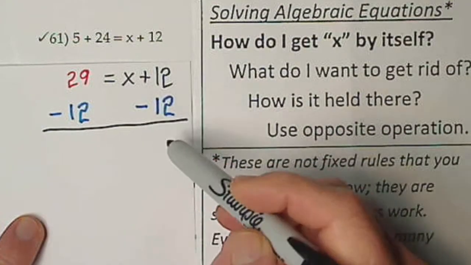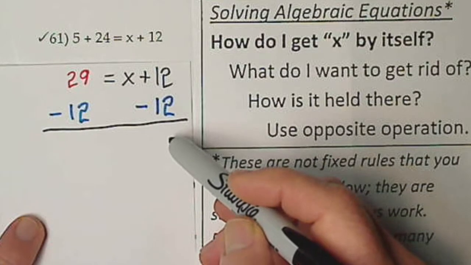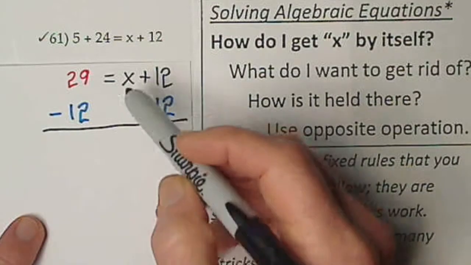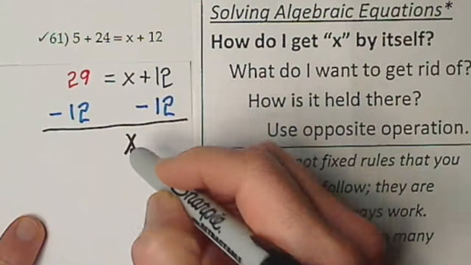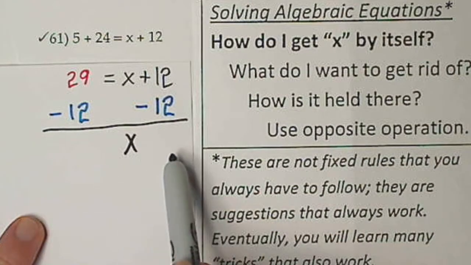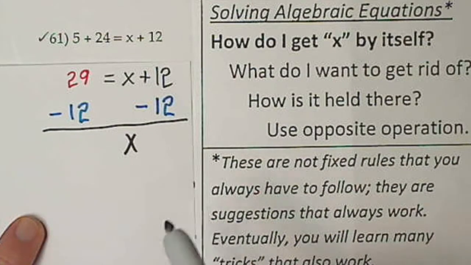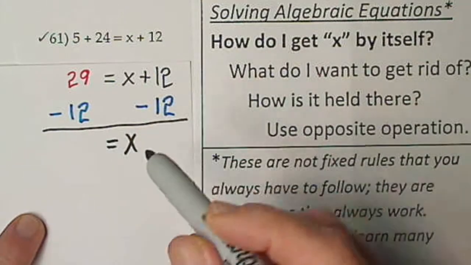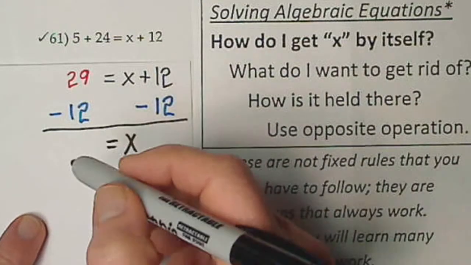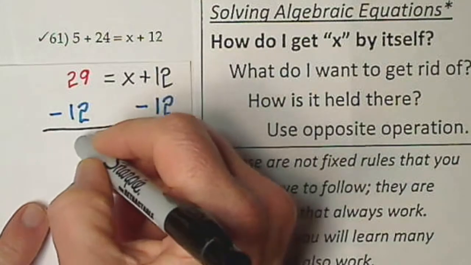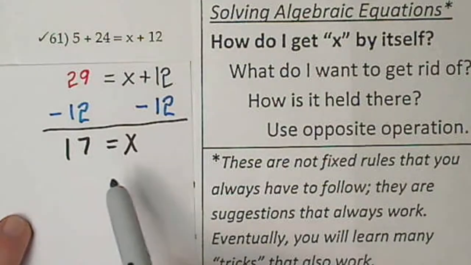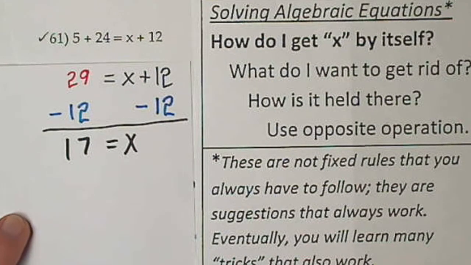Positive 12, negative 12, that's a 0, but I don't have to write it because I already have an x right here. I can't leave air on one side of the equation, but I have an x there, so that's good enough. Here the signs are different. Subtract, keep the sign of the larger. So we figured out that x is equal to 17.